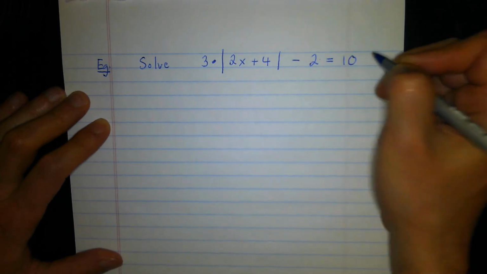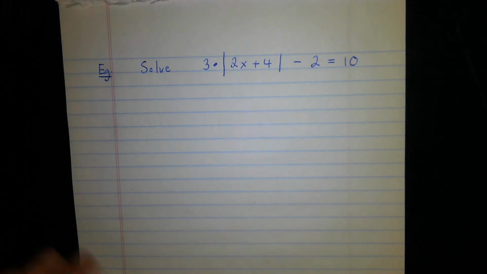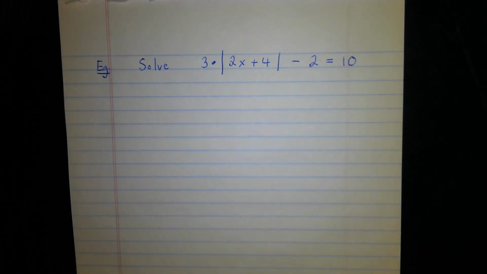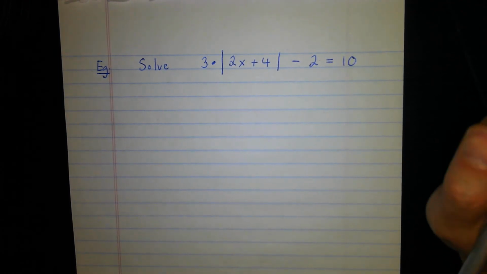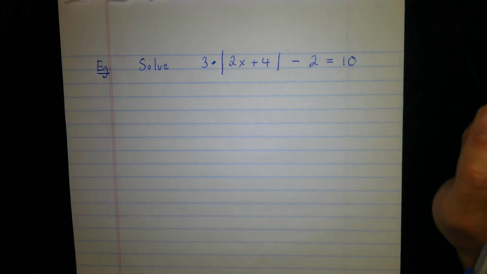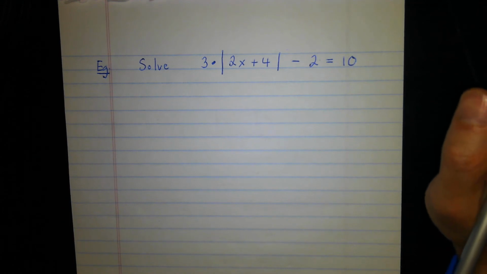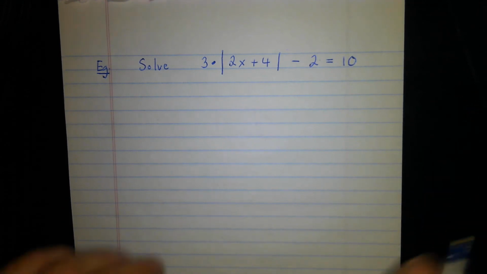Sorry, we might get fractions here. I'm hoping by doing 10 instead of 7 we'll avoid fractions altogether. Okay, let's give this a shot. You know, I just solved this in my head. I believe x equals 0 is the solution, but that's okay. We can still solve it.